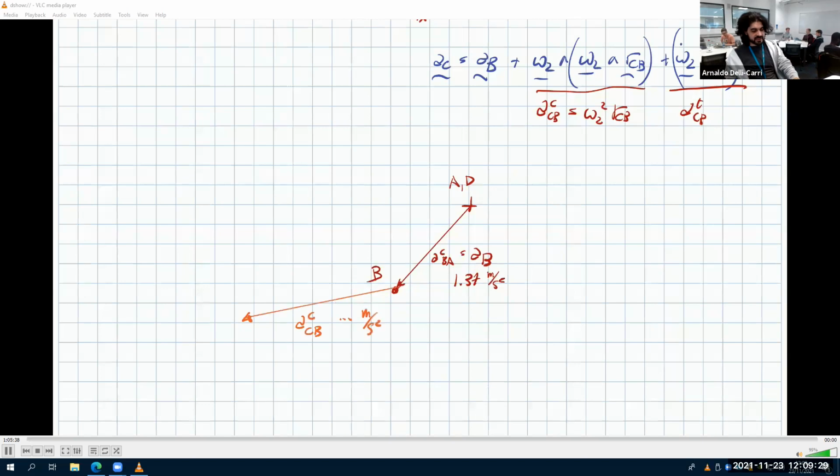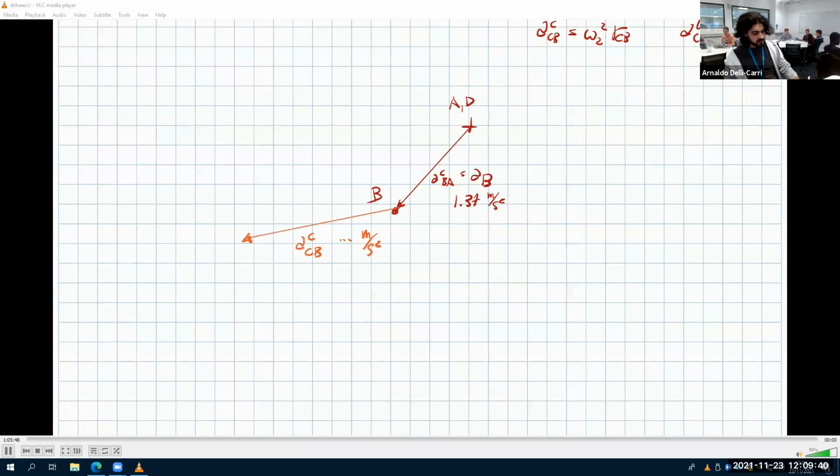We also know that ATCB is perpendicular to RCB, so it's also perpendicular to this, because this is parallel to RCB. So whatever vector I have is this, that is perpendicular.